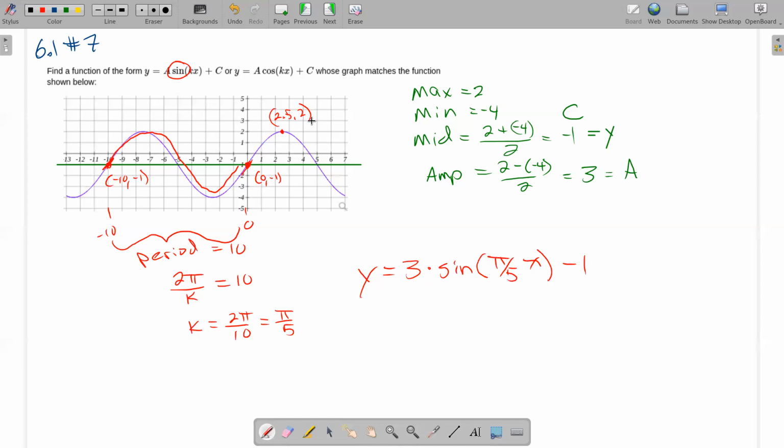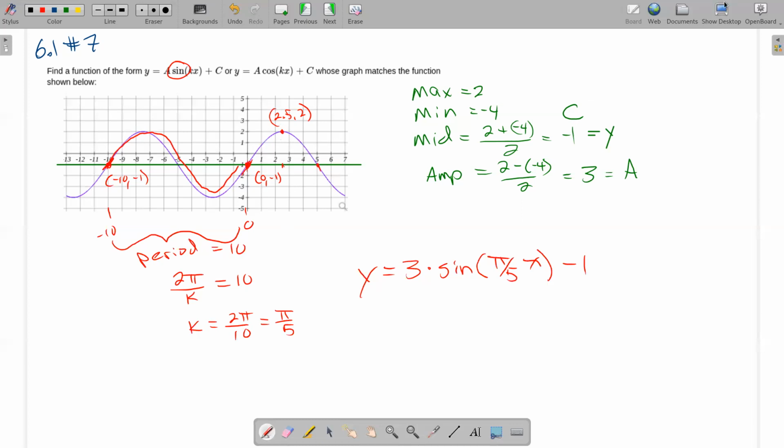And let's think about that. If the period is 10, that means half a period, the distance to get to the peak and back to the midline, should be 5, and I can see that on the graph. And right in between 0 and 5 is 2.5, which is where the max should occur. Yeah, that looks like the right point.